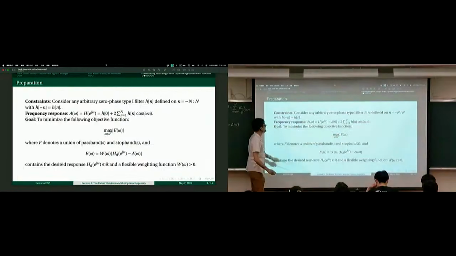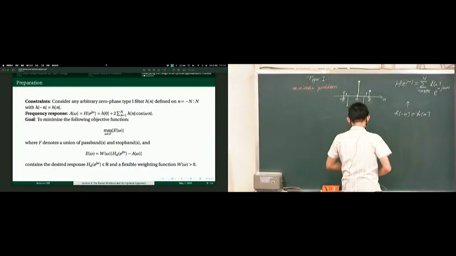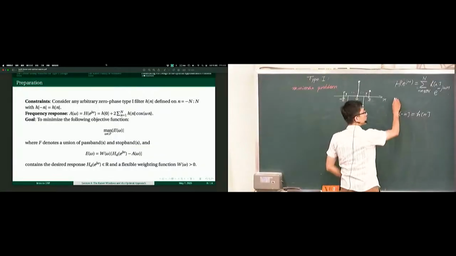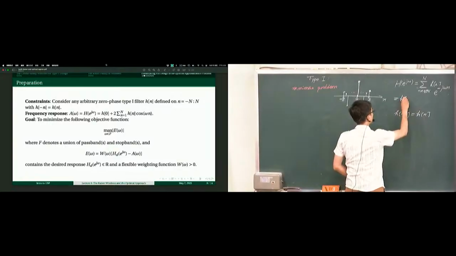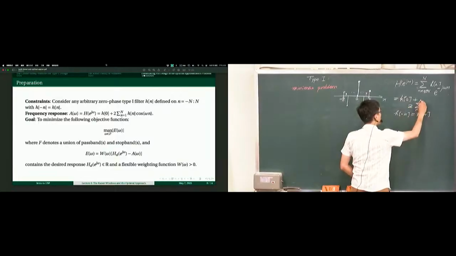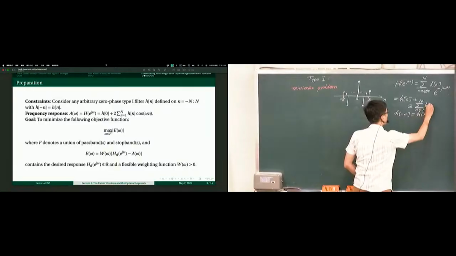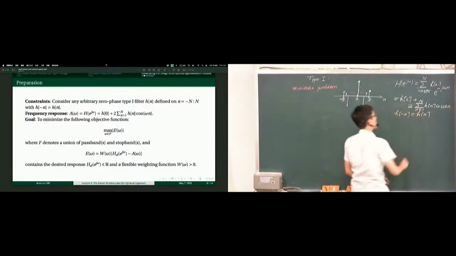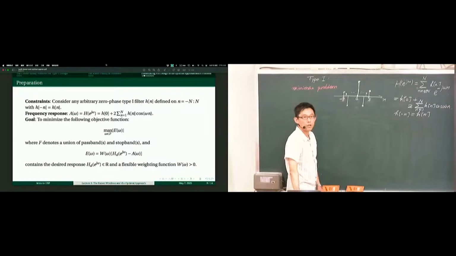Let's copy it, and take it slow. The result is going to be h0 plus 2 times the summation, where because of symmetry the index runs from 1 to big N, of h[n] cosine of omega n. That's an important observation to make.